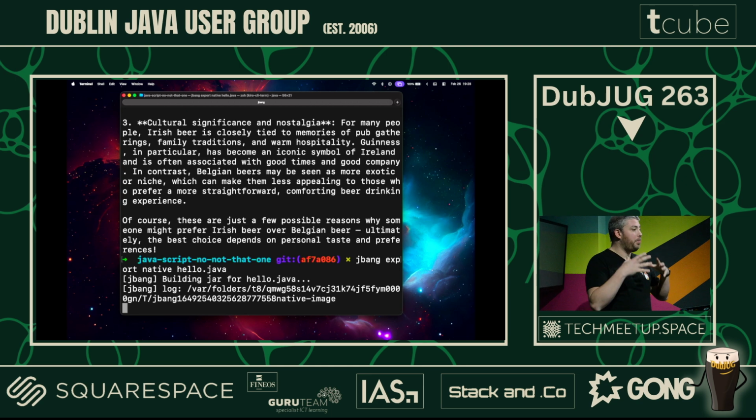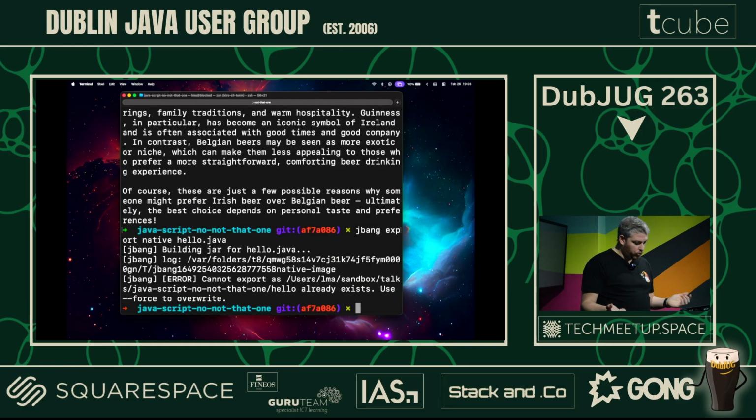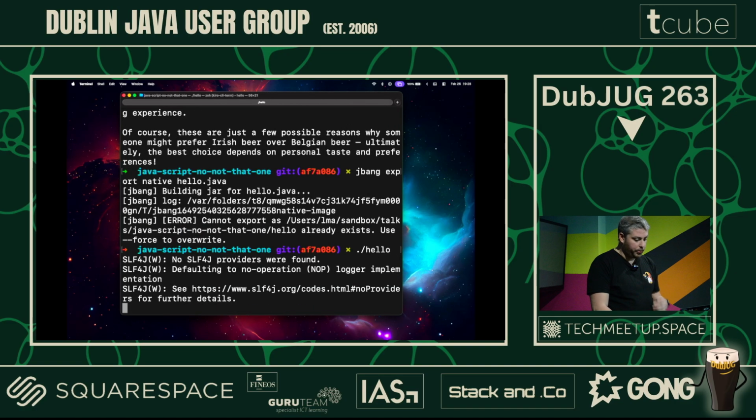But it will basically build a native application, just a binary, that's really tailored for your computer. Of course, when you demo it, it's done, and it tells me there is already one, but in any case, it will work. So I can just run it like this, and it's a binary.